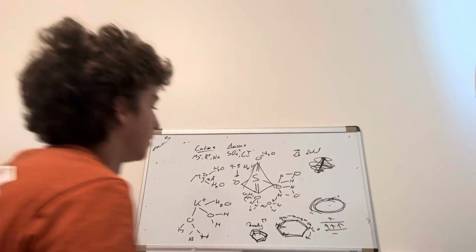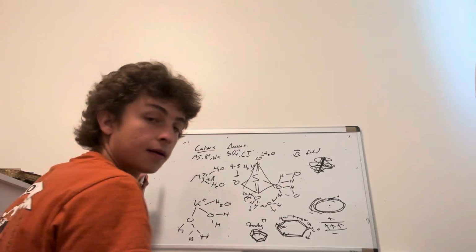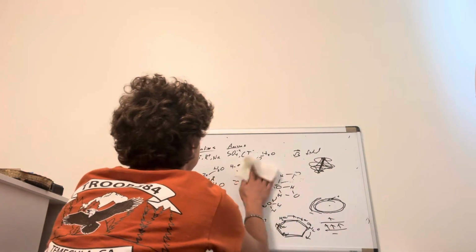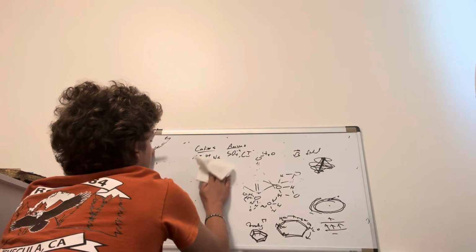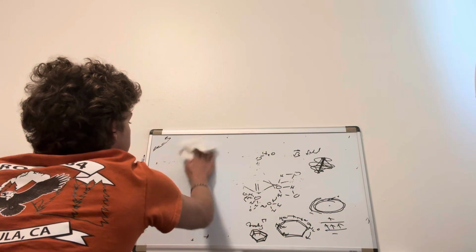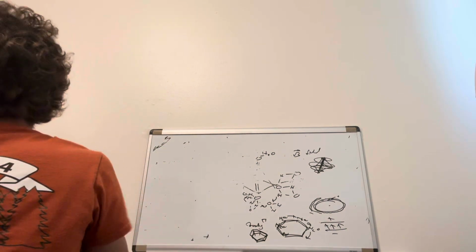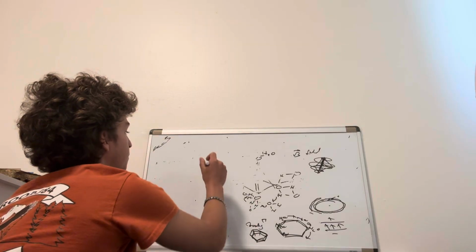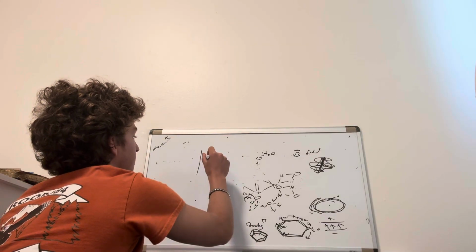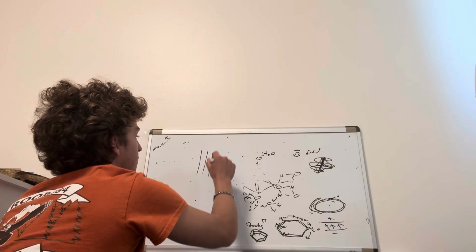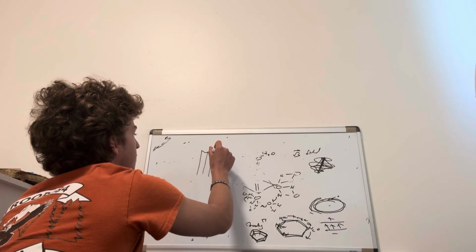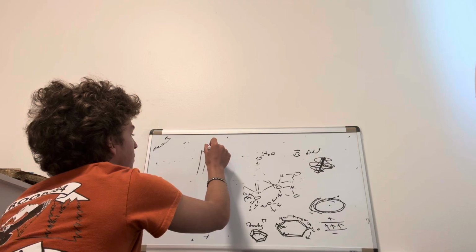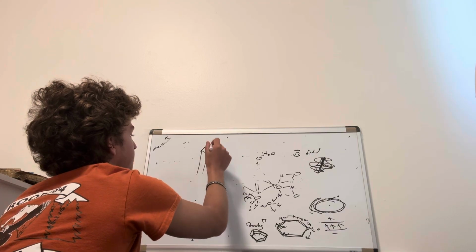What happens is, all right, I'm gonna erase this once we got it. Let me erase. I'm gonna erase over here. So what happens is, in this process, you can imagine this, how do I even draw this? 1, 2, 3, 4, 5, 6, okay.